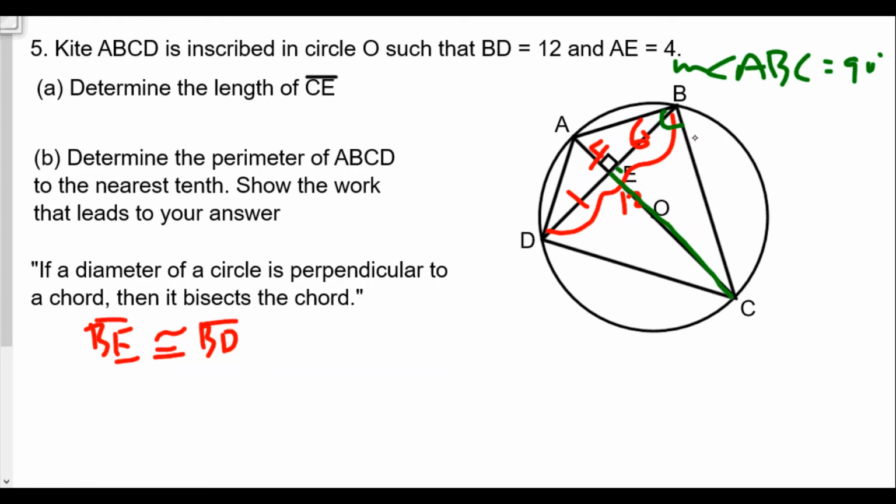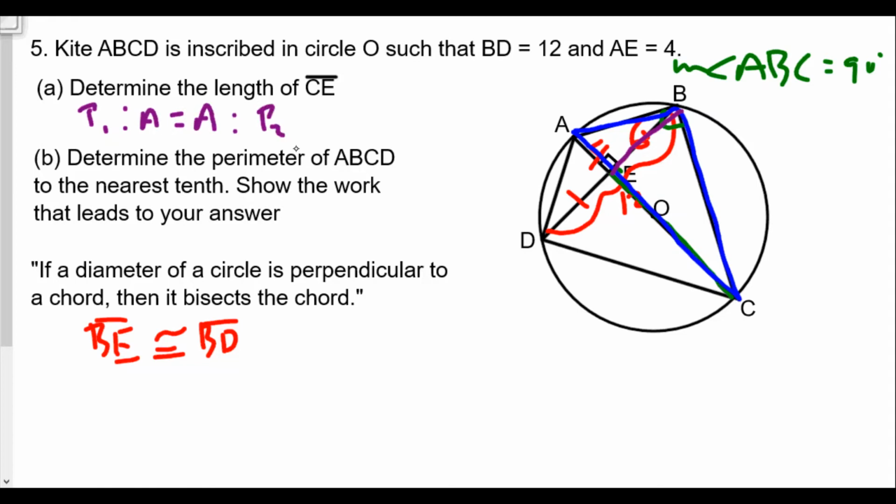So how are we going to figure out the measure of EC? Well, that leads us to one of our theorems about an altitude drawn to the hypotenuse of a right triangle. We're going to use the proportion that, if you remember, projection 1 is to altitude as altitude is to projection 2.